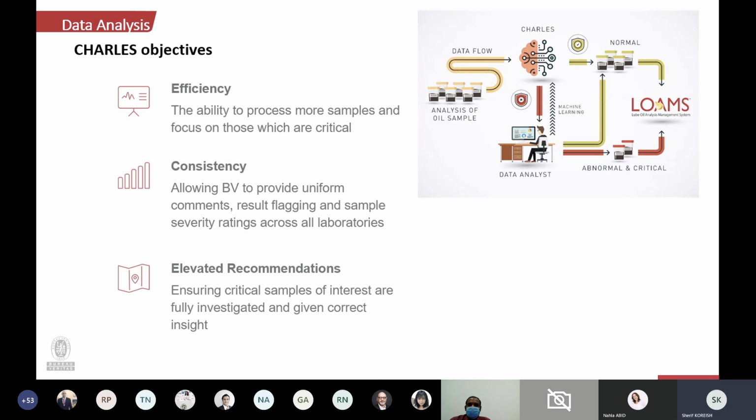It gives you consistency in terms of uniform comments and flagging of the results, and rating of the severity across the laboratories being tested, even if you are using different laboratories and the data are available in your system. It can give you a better level of recommendations as well, based on the trending taking place.